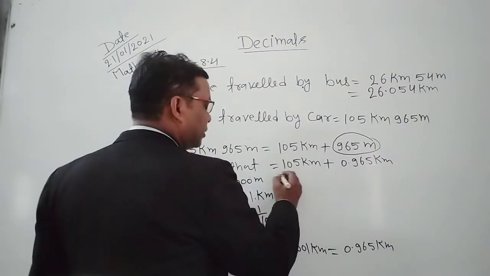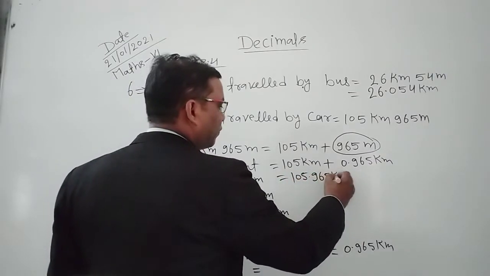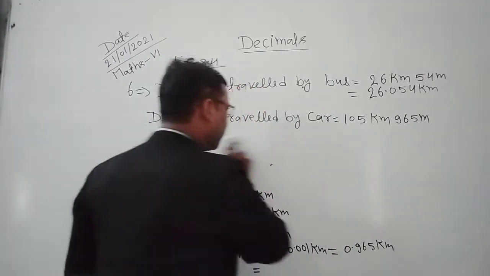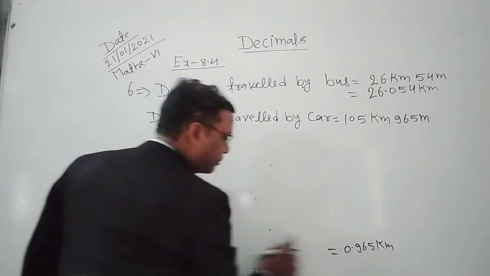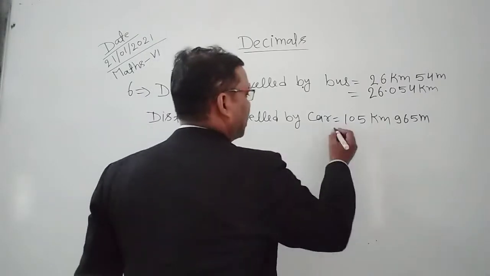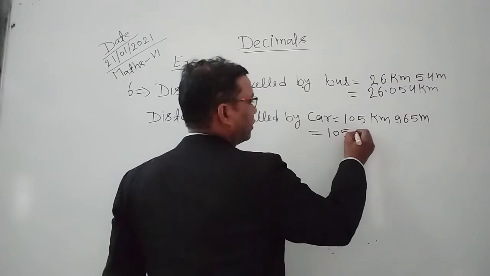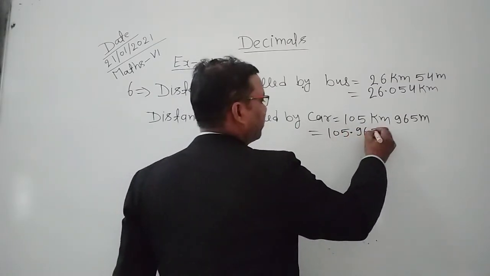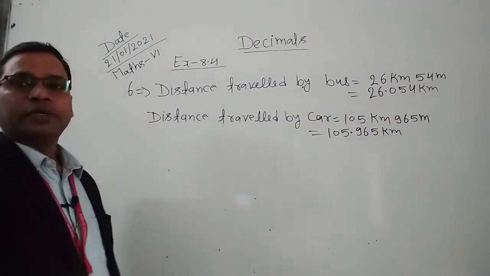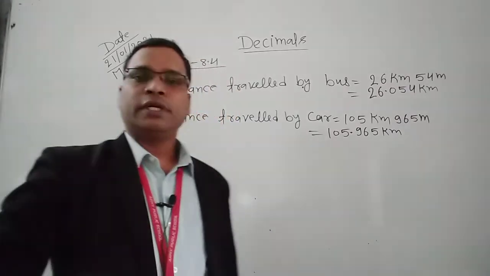If you add them, then you get 105.965 kilometers. So the distance traveled by car is equal to 105.965 kilometers. Clear? Now, the next is the distance traveled on foot.